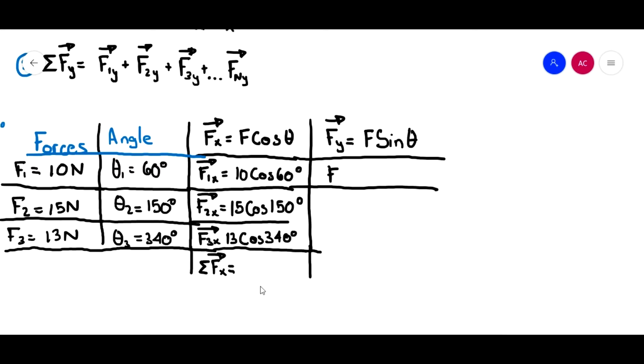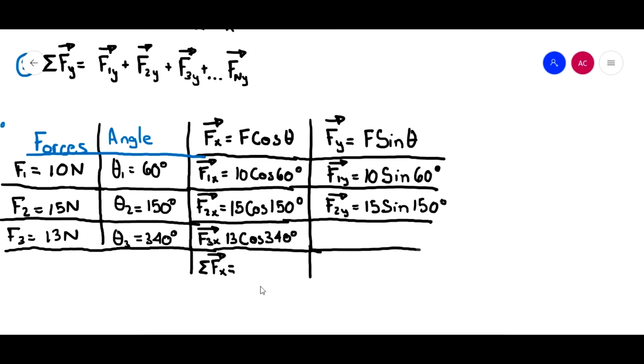The first one, F1y, equals the magnitude times the sine of the angle. In this case it is 60 degrees. And then next, F2y equals the magnitude 15 times the sine of the angle, that is 150.